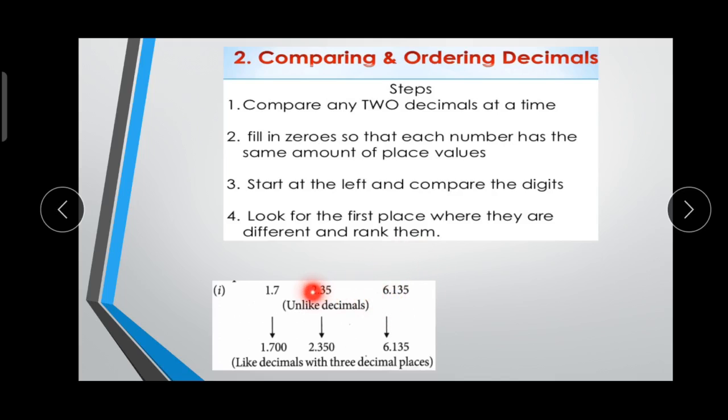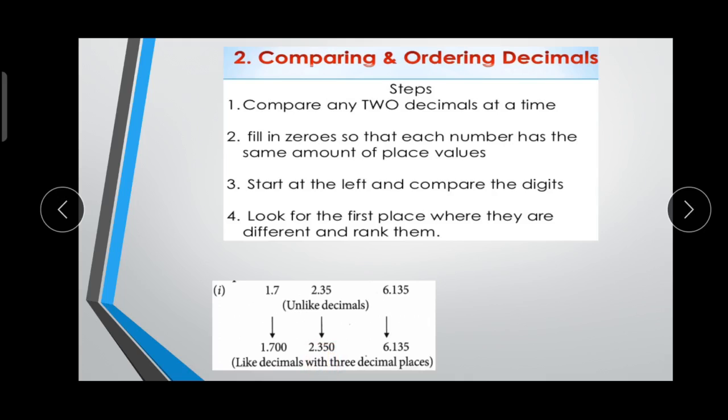So we have to equalize this also: three digits after the decimal dot in each. Am I clear? How do we make it three digits? 1.7 is already there; when we add two zeros on the right hand side, it will become three digits. And here also, if we add a 0, it will become three digits. And here it's already three. Now we can compare easily. Clear, children? That is how we compare the decimals.